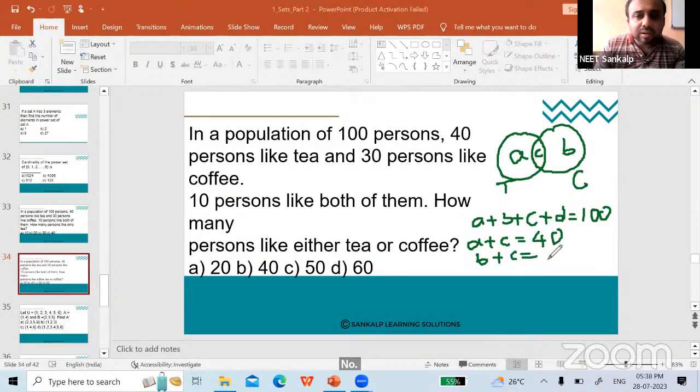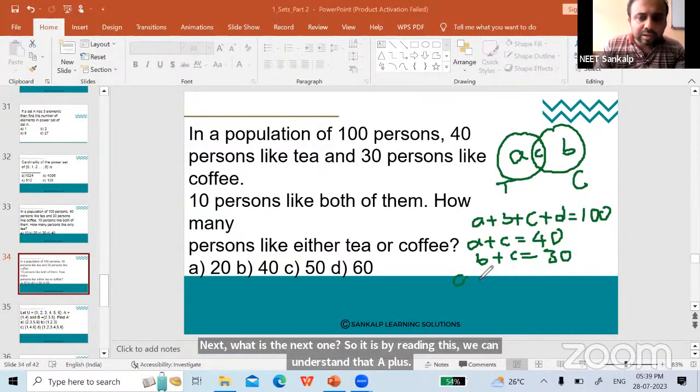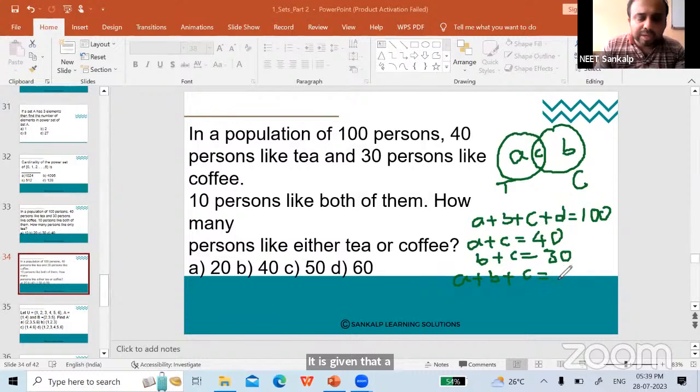How many are there in total for coffee and both? 30 persons like coffee. Coffee means coffee and both. So by reading this, we can understand that A plus B plus C is what? It is 40 plus 20.